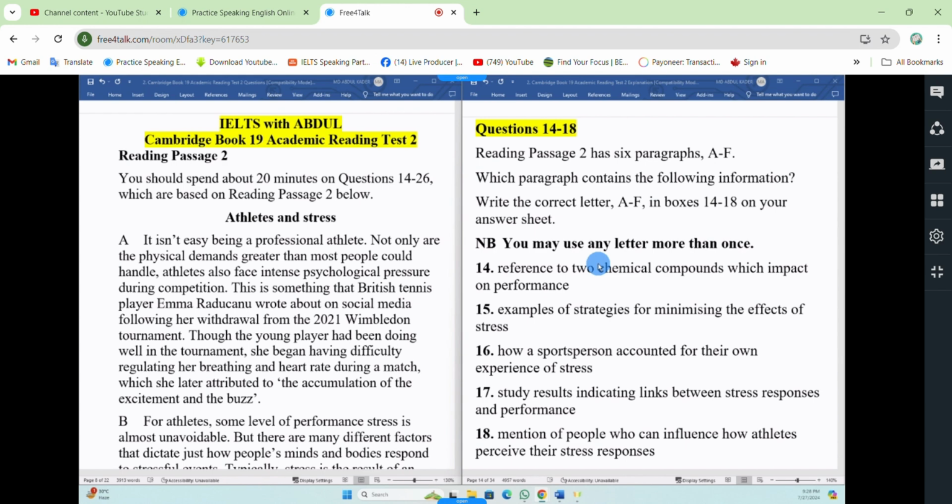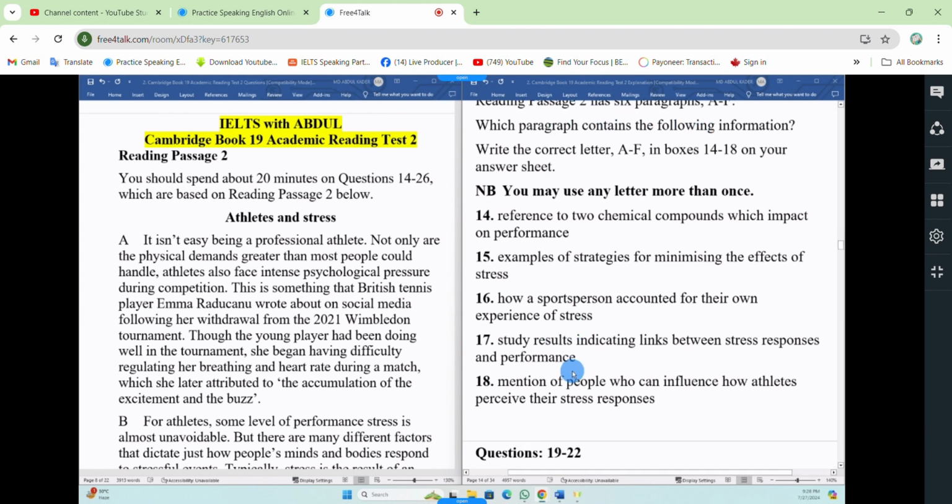We have to explain each and every question properly so that we can match the information with the paragraphs. Okay, so 6 paragraphs are there, but look at the questions.